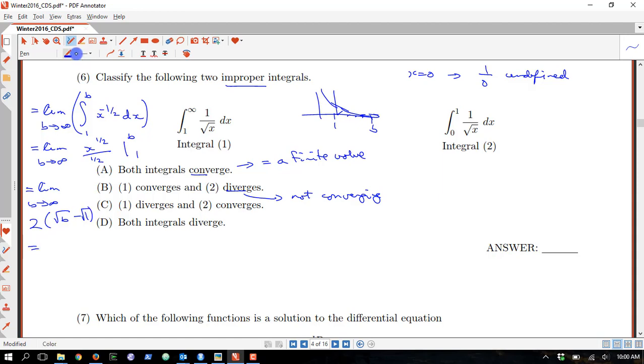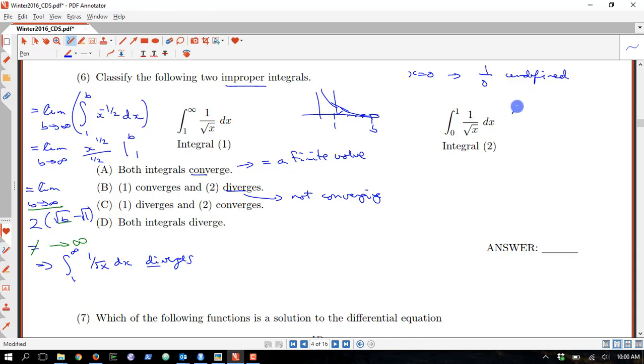And then we ask ourselves what happens as b approaches infinity. In this case, this b is in the square root, but if we take the square root of larger and larger numbers, that's also going to go off to infinity. So it doesn't equal anything, but actually heads off to infinity as well. So the area goes to infinity, which means that the integral from 1 to infinity of 1 over root x dx diverges.